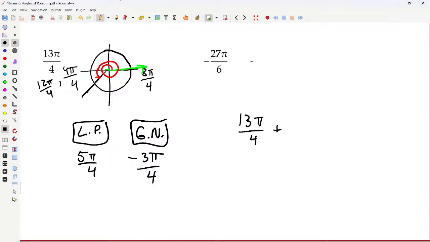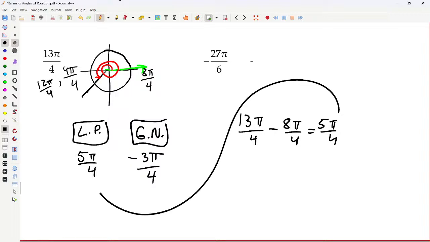And, well, we wouldn't want to add 2 pi. That would make it bigger. We'd want to subtract 2 pi, which is 8 pi out of 4. So you'd get your 5 pi out of 4. And then you could take that and subtract another 8 pi out of 4. And you get your negative 3 pi out of 4.